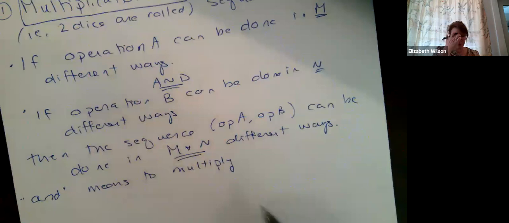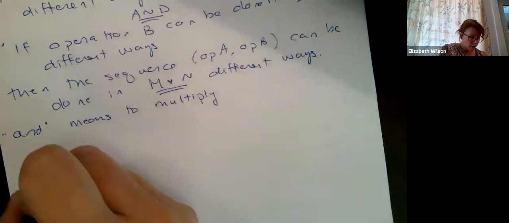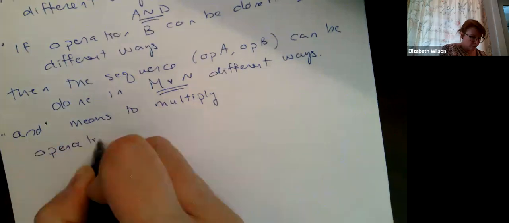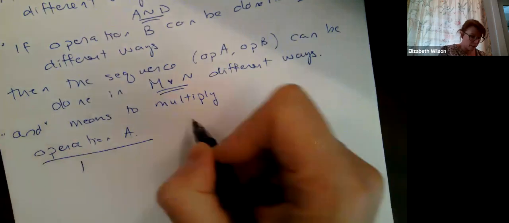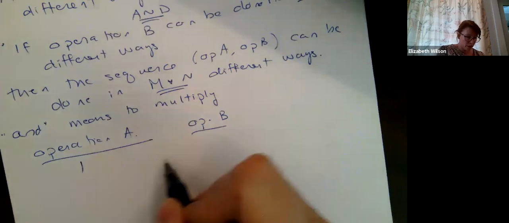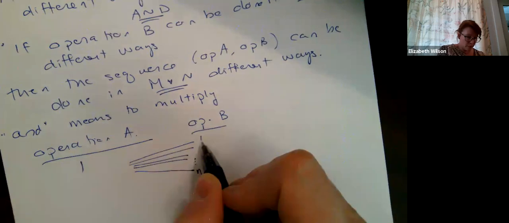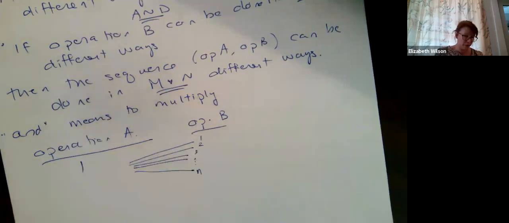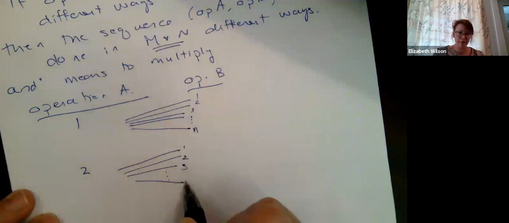All right, I'll just enumerate it out really quick to look at it. So I'm going to write operation A. Operation A has one possibility. I'm going to write operation B here. So when I have my first possibility on operation A, I can do 1, 2, 3, 4, all the way down to N different possibilities for operation B. Now my second possibility on operation A, I can do again 1, 2, 3, all the way down to N. You can see where this is going.